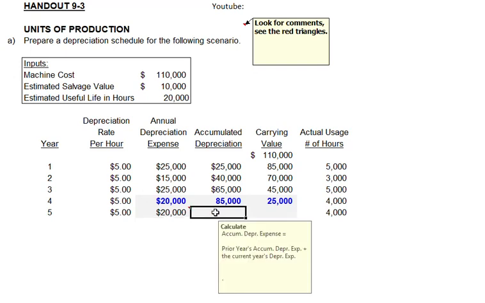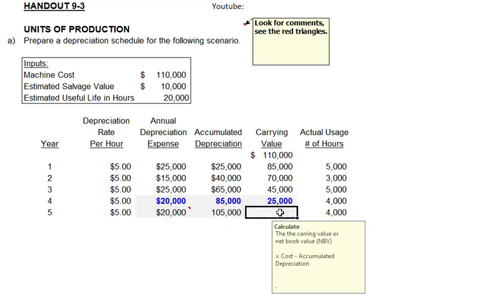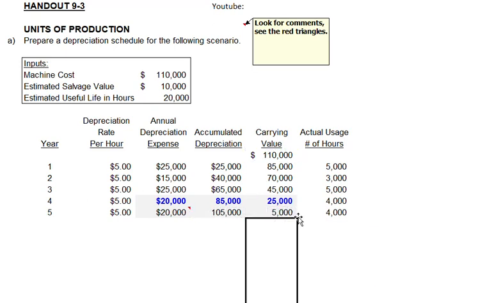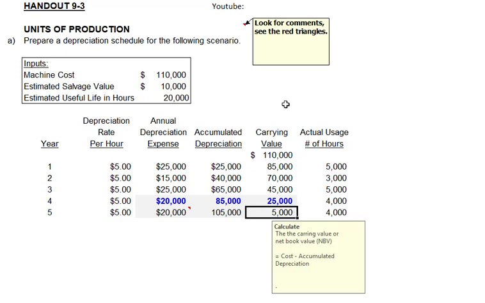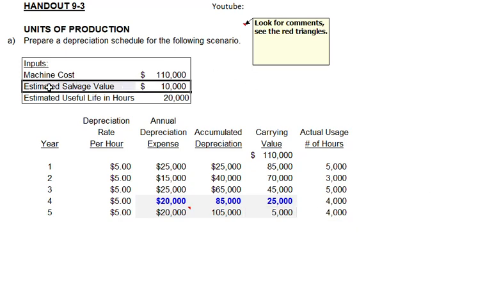Now, if we do that, let's see what happens to our accumulated depreciation and our net book value. Our accumulated depreciation is 85 plus 20, 105,000, and our net book value goes down to 110 minus the 105. It goes down to $5,000, which is below our estimated salvage value.